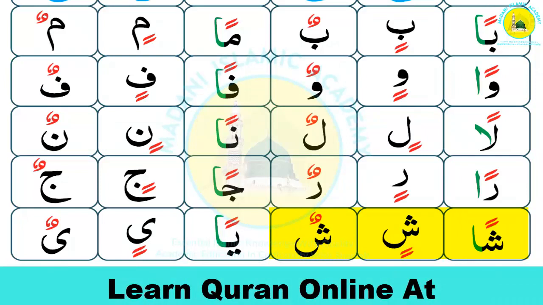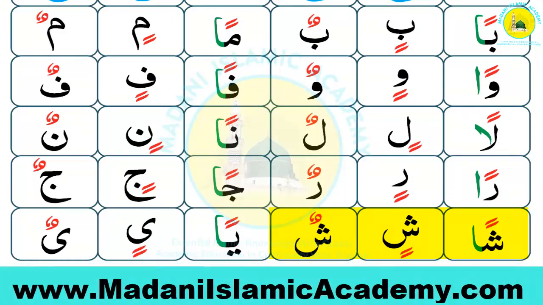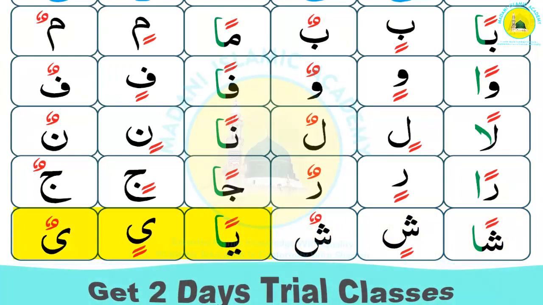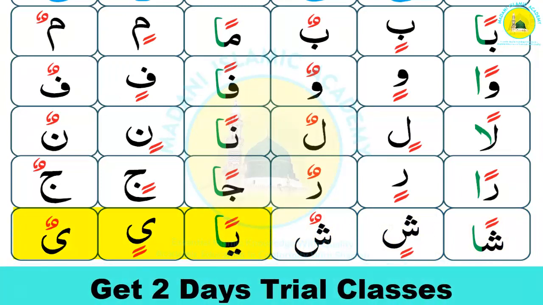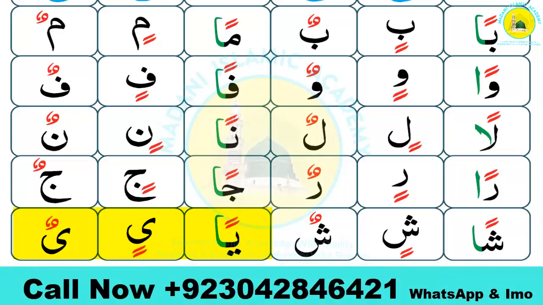Sheen do pesh shun. Shan, shin, shun. Ya do zabar yan. Ya do zir yin. Ya do pesh yun. Yan, yin, yun. MashaAllah Azza wa Jal.